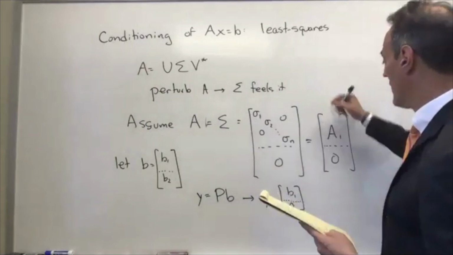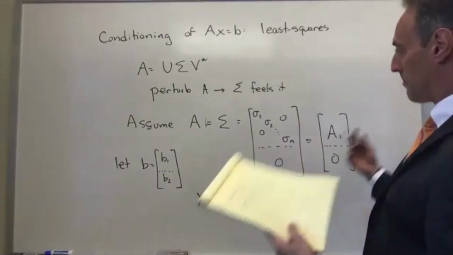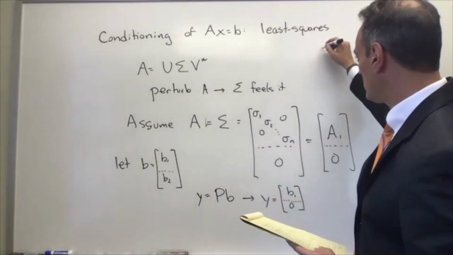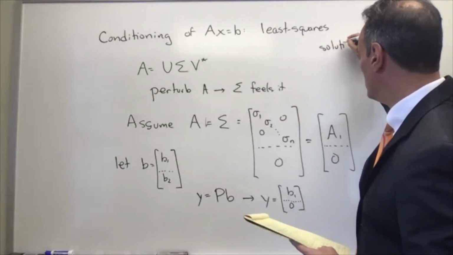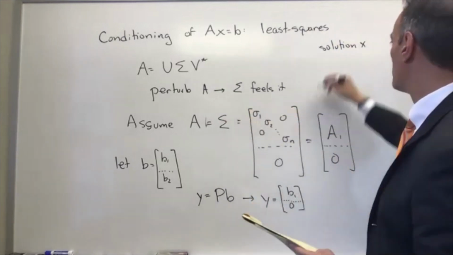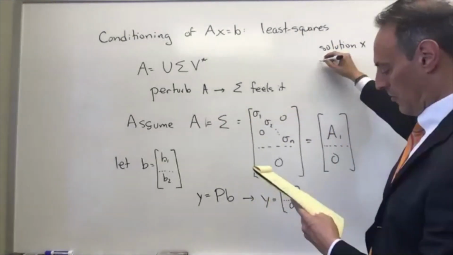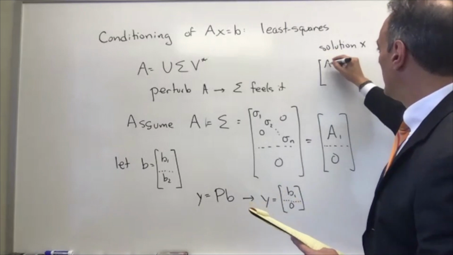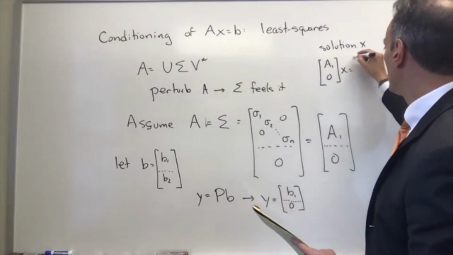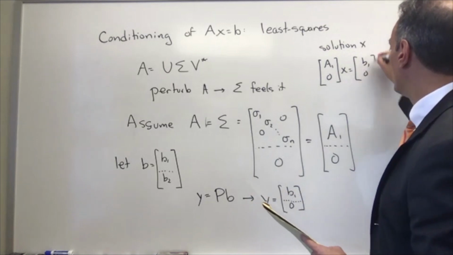So let's talk about X. So now I've got it into this space that I'm going to work with. So what about the solution? Well, now I've decomposed this matrix A into this. So really what I have is A1 and zeros acting on X is equal to B1 and 0.